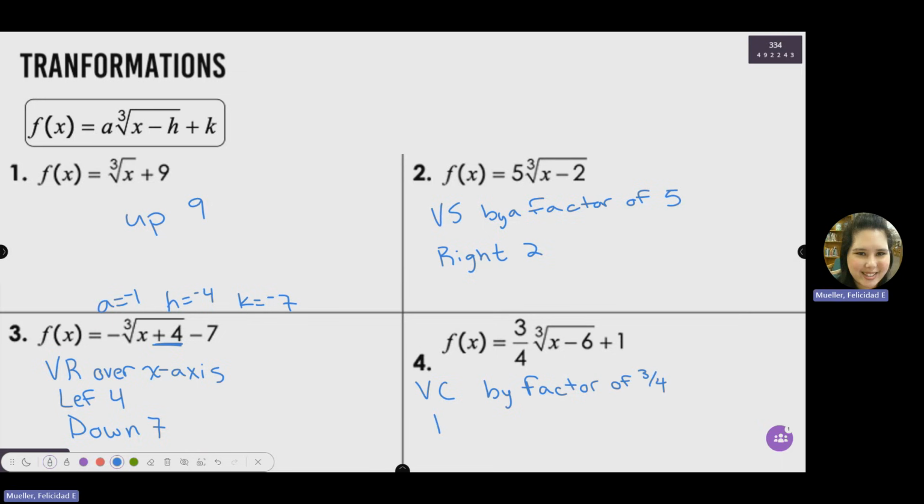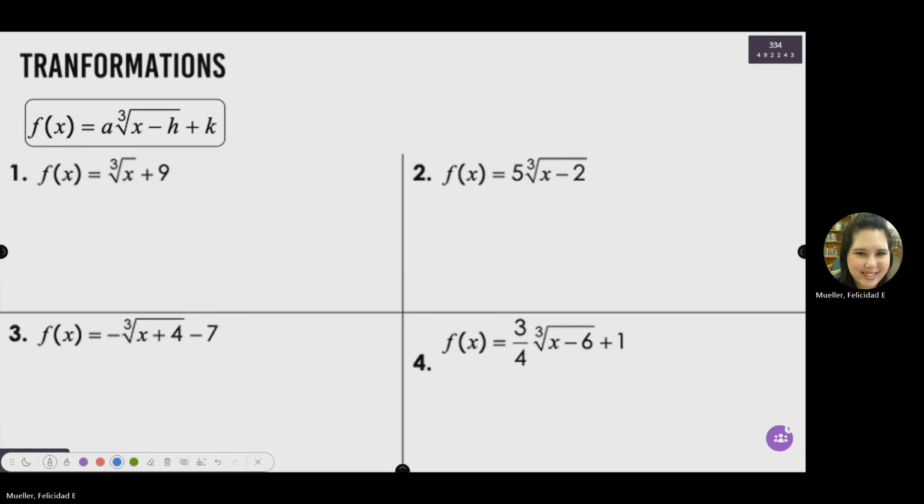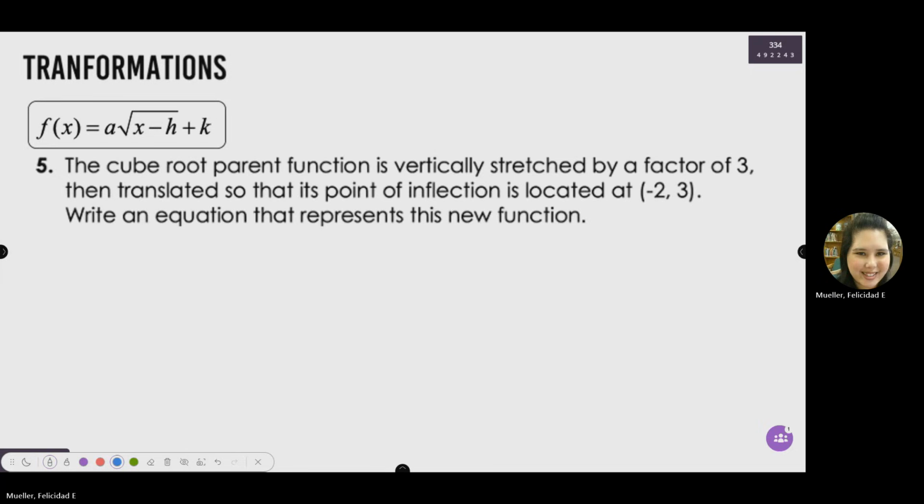It moves to the right 6 units and goes up 1. And as always, pause if needed. Go ahead and see if you're able to write the function for this problem.